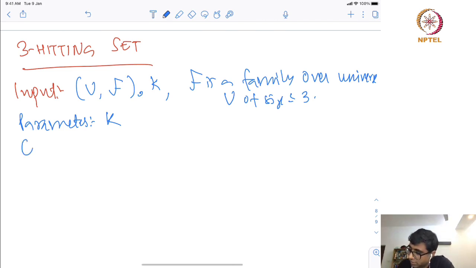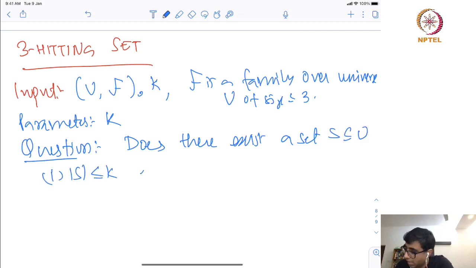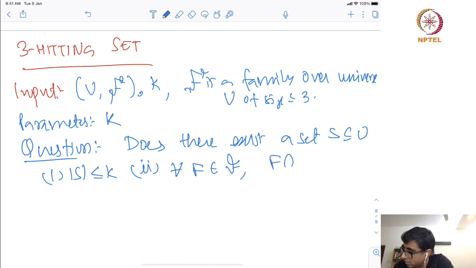And the question is, does there exist a set S subset of U, first, its size is at most k, and secondly, for every F in the family, F intersection S is not equal to the empty set, that is, S is a hitting set.